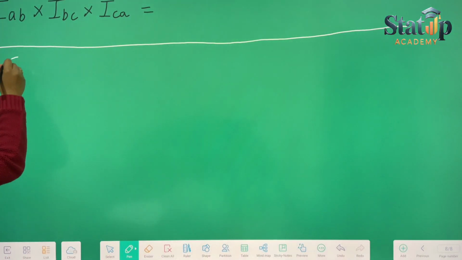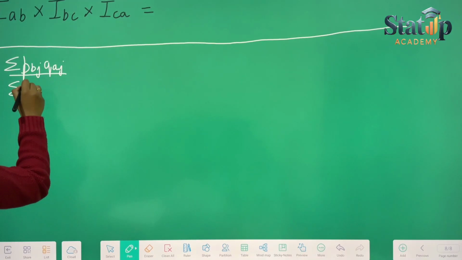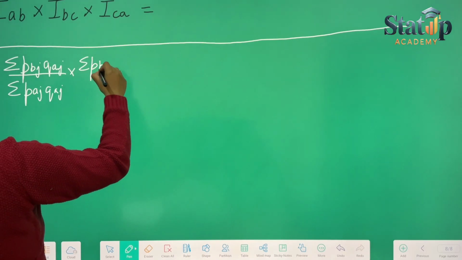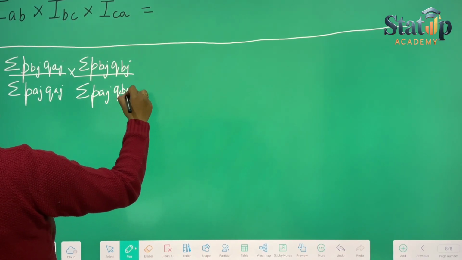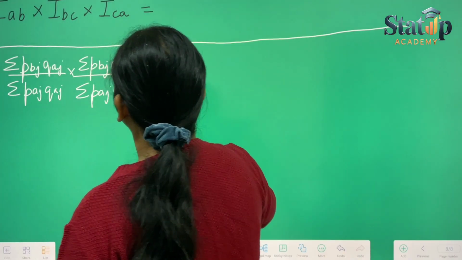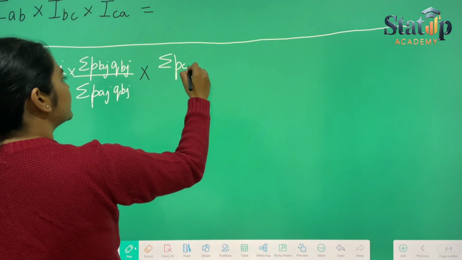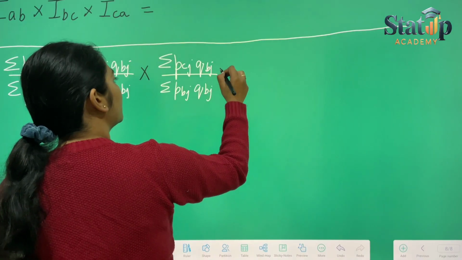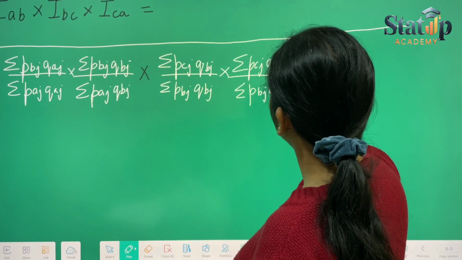For IAB, it was summation of PBJ QAJ upon summation of PAJ QAJ, into summation of PBJ QBJ upon summation of PAJ QBJ, then multiplied by IBC, which would be summation of PCJ QBJ upon summation of PBJ QBJ, into summation of PCJ QCJ upon summation of PBJ QCJ.